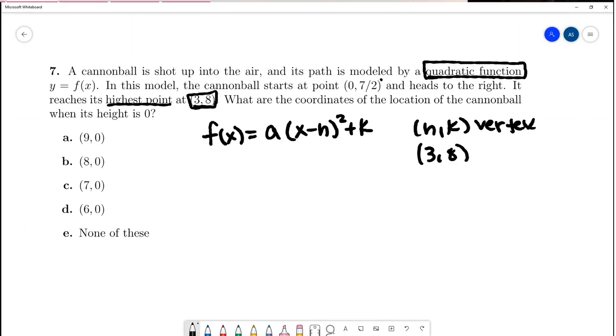And then we're also given this other point, the starting point, which we can consider to be the x and the y. So we can substitute for hk for the vertex and substitute x and y, and we'll be able to solve for what's missing, and that's our value of a.